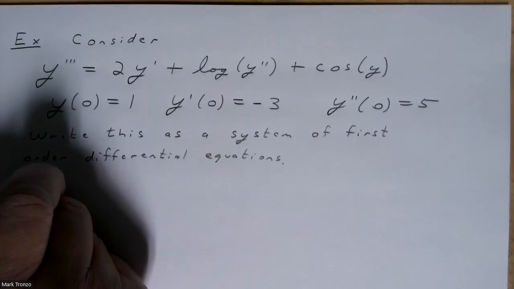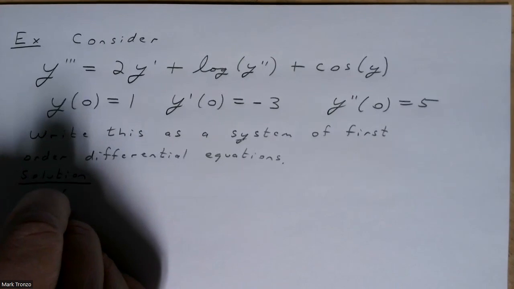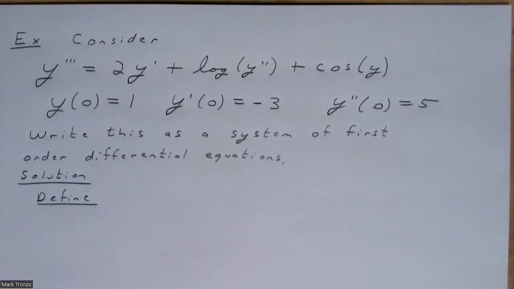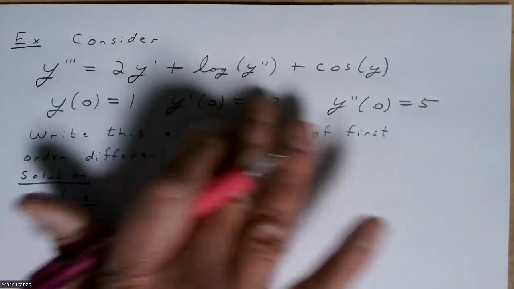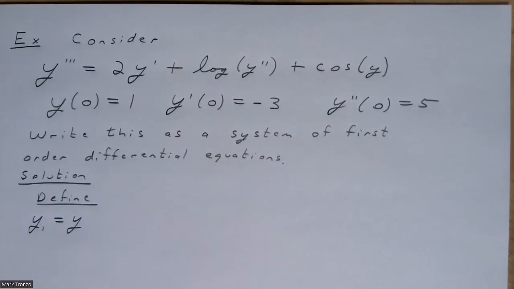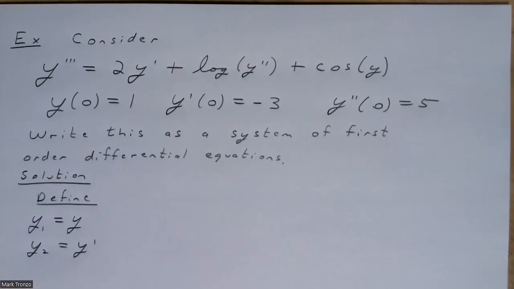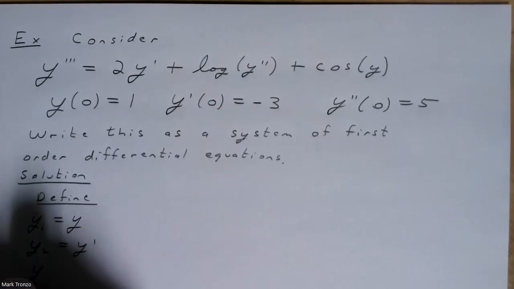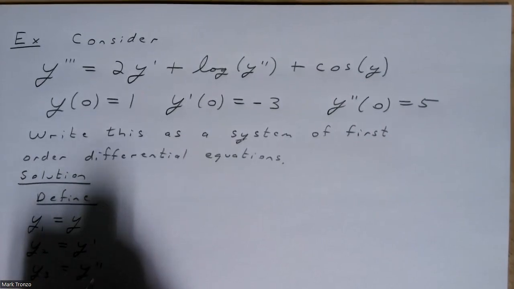So we said before, we want to define all the derivatives we have here, and we also have to define y. So here we have y1 is going to be equal to y. y2 is going to be equal to the first derivative. y3 is going to be equal to the second derivative.